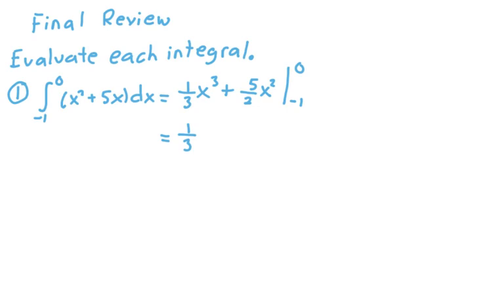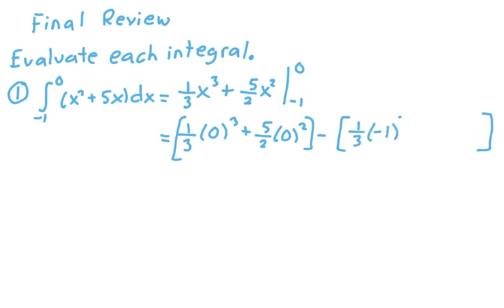And when I do, I get 1/3 times 0 cubed plus 5/2 times 0 squared. Now, I'm going to go minus, and then I'm going to replace x with -1. And I'm going to get 1/3 times -1 cubed plus 5/2 times -1 squared.